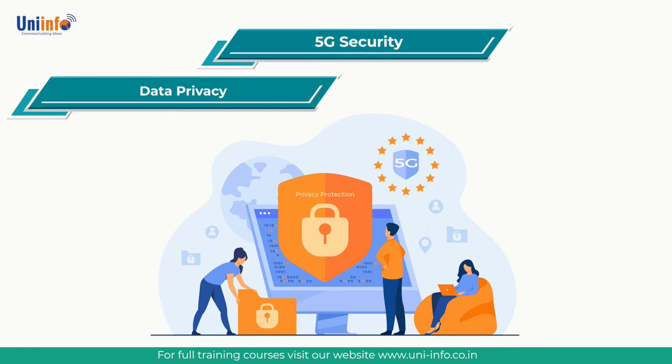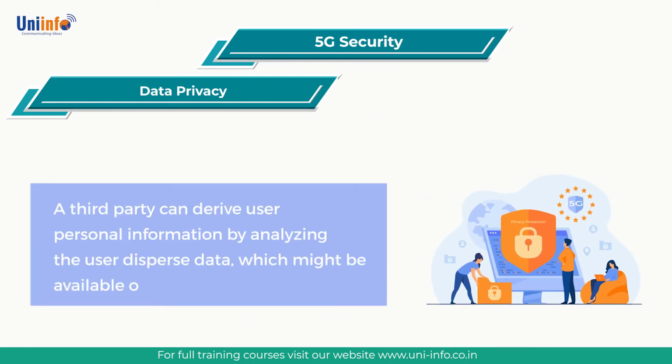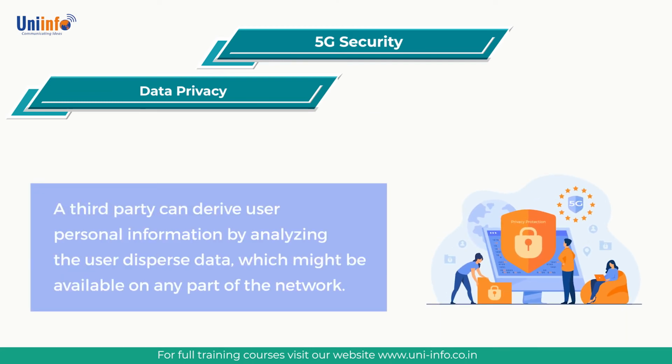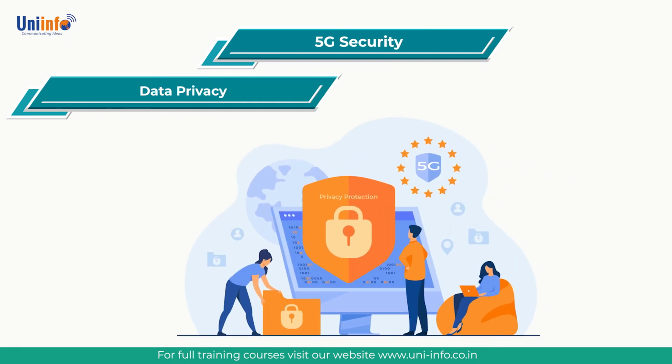As a possibility, by using data mining methodologies, a third party can derive user personal information by analyzing the user's dispersed data, which might be available on any part of the network. Because of the risk of such scenarios, more rigorous data privacy protection schemes are required for 5G networks.